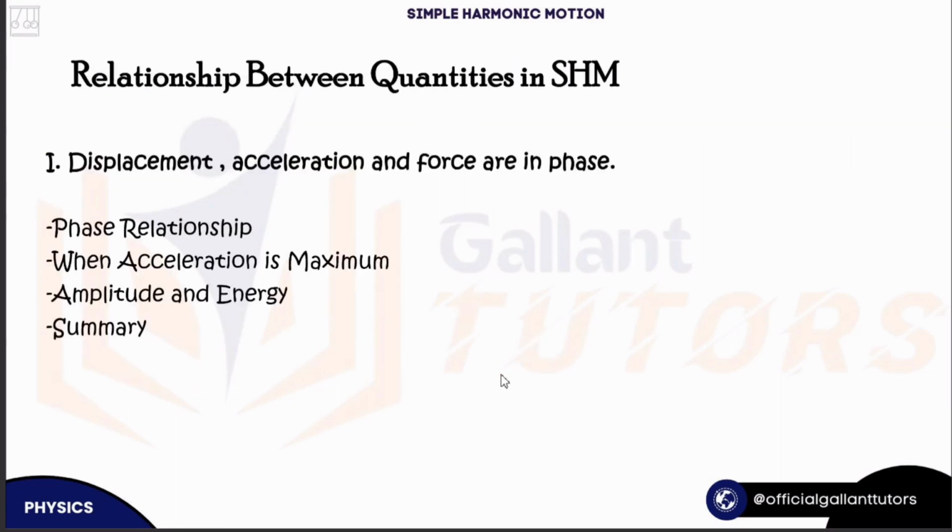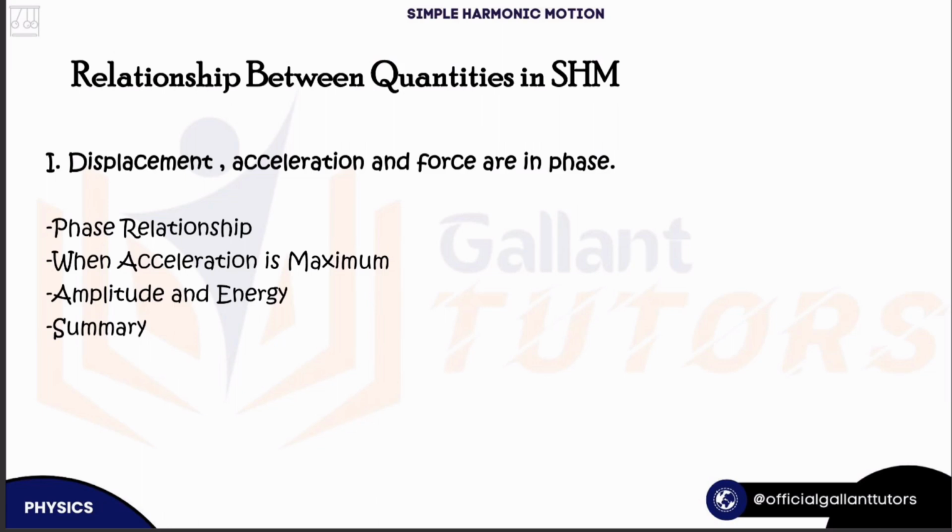Alright, so we're going to be talking about the relationship between quantities in simple harmonic motion. The first is displacement. We're trying to relate displacement, acceleration, and force, as they tend to have something in common.